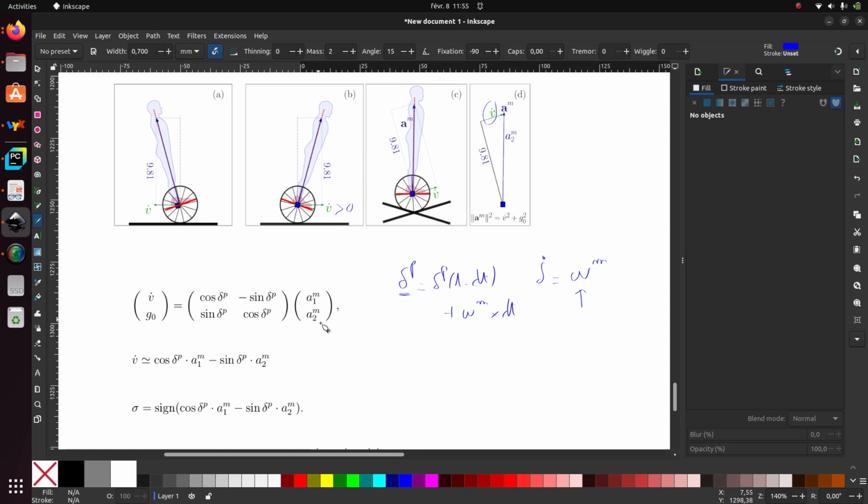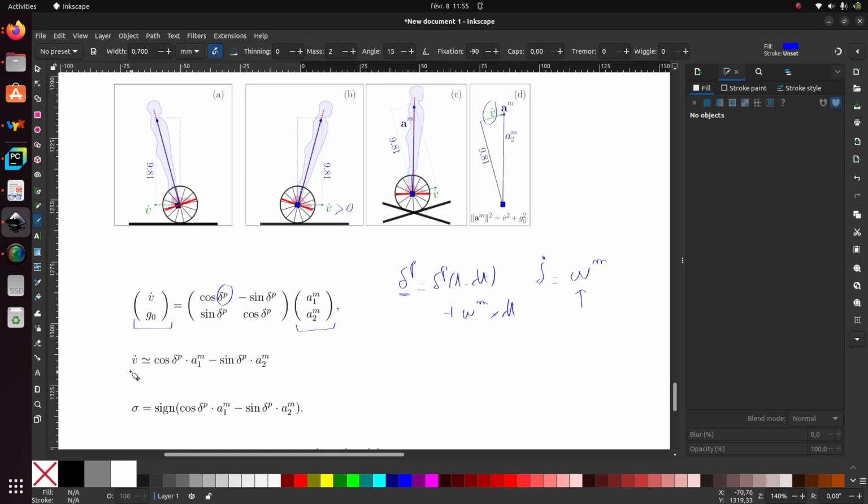And from this I will have my relation between v dot, so the acceleration in my world frame, and here in my body frame, and this one is the prediction, which is quite reliable and will allow me to have an approximation of v dot.